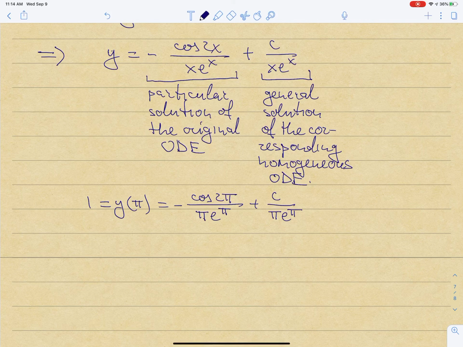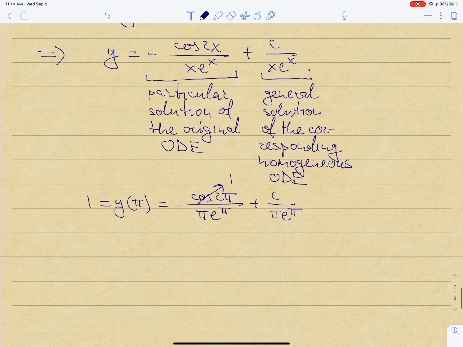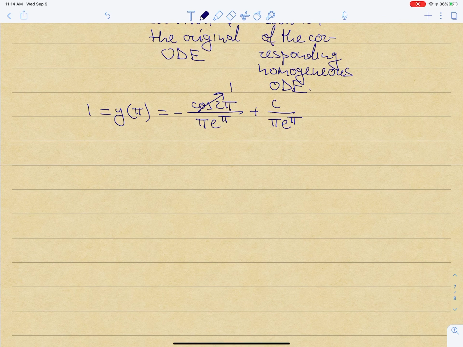Now, cosine of 2 pi is, of course, 1. So what we have is that if we multiply everything by pi e to the pi, we have that pi e to the pi is equal to minus 1 plus c. So c is pi e to the pi plus 1.